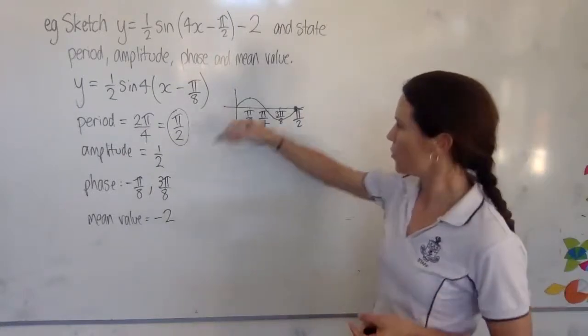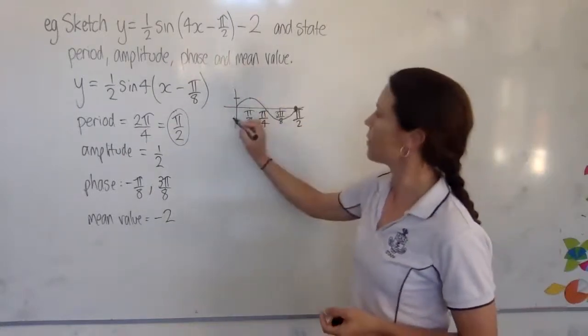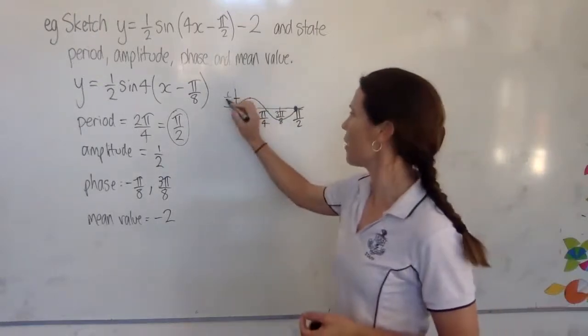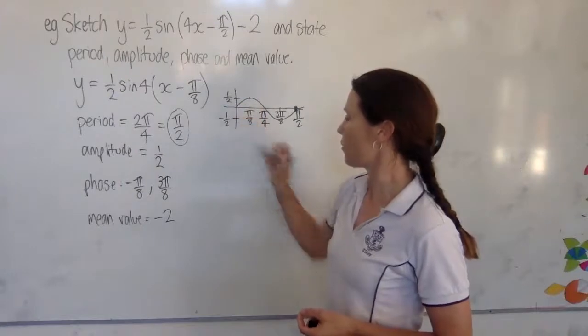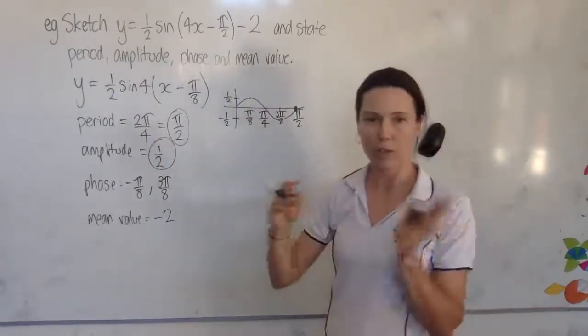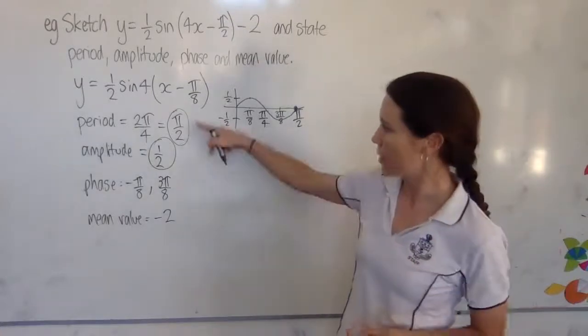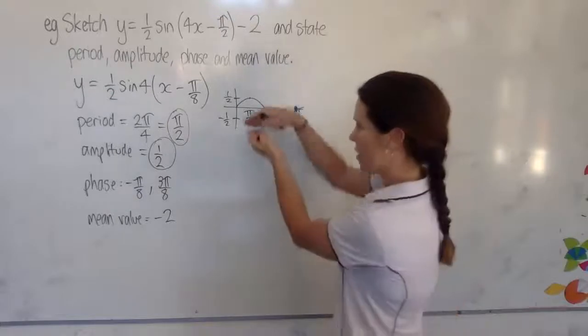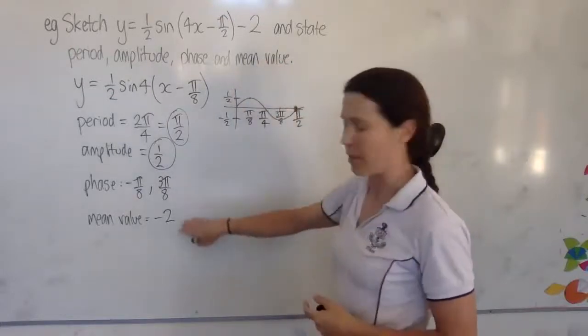So those are nicely locked in now, and I've dealt with the period. Now the amplitude, normally this point here would be 1, and this would be -1, but if our amplitude is half, then we have half and -half. So now that's done. Now we need to move it, shift it left or right. Notice how we've done both the dilation first, moving it this way, and the dilation this way first, and now we're doing the translations.